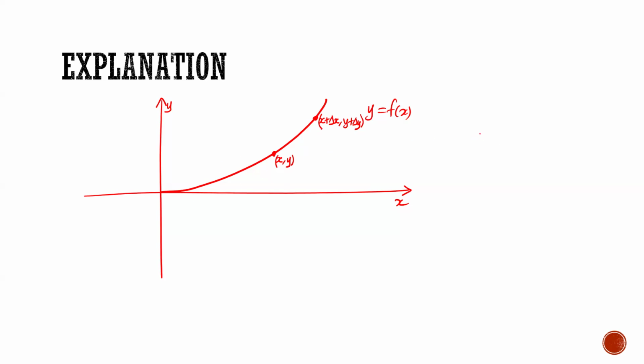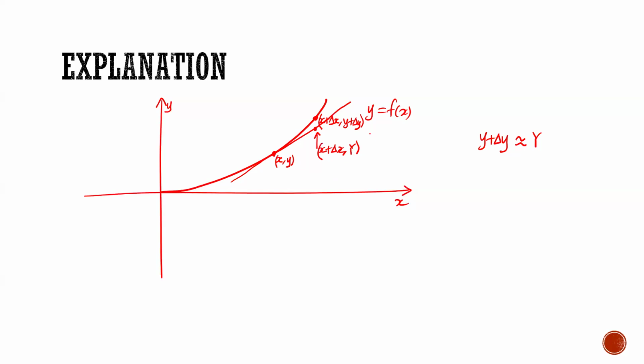Now we can estimate y plus delta y to be y, where y is the y coordinate of the point that has the same x coordinate as the point x plus delta x, y plus delta y on the tangent to the curve at the point lowercase x, lowercase y. In other words, at that point there, we can estimate y plus delta y to be y.